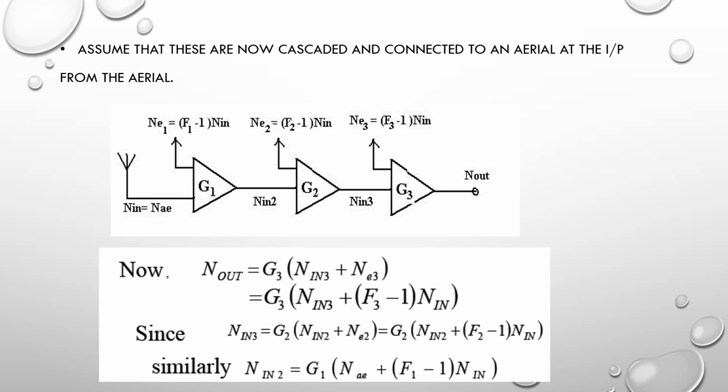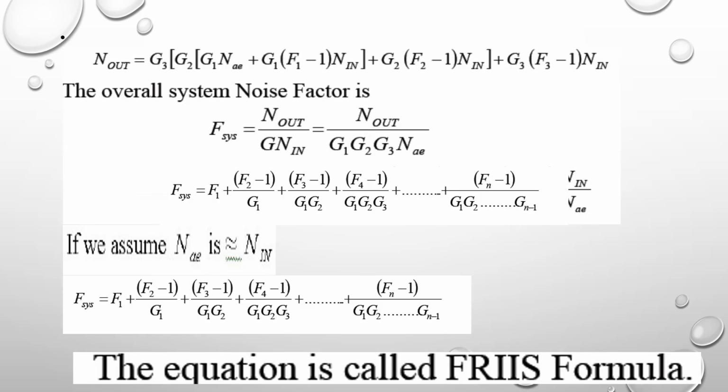So just use recursive addition and recursive multiplication. The final answer for N out comes from the recursive multiplications and manipulations. So finally I found the system noise, N out by G into Nn. So I have calculated my N out, substitute here, and finally you get the answer like this.